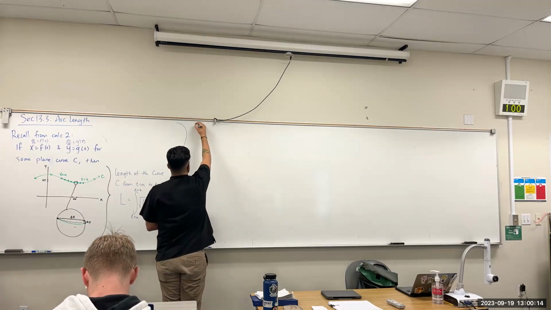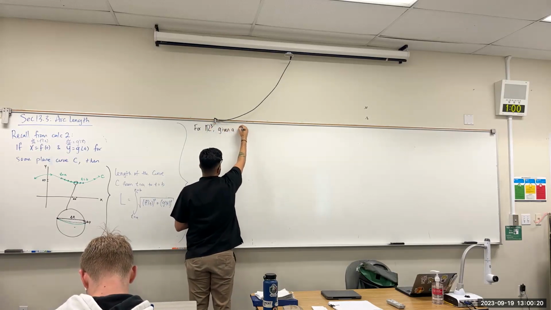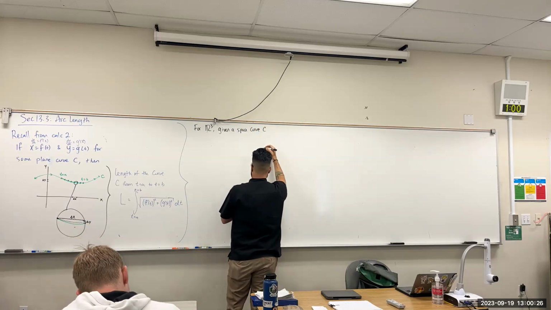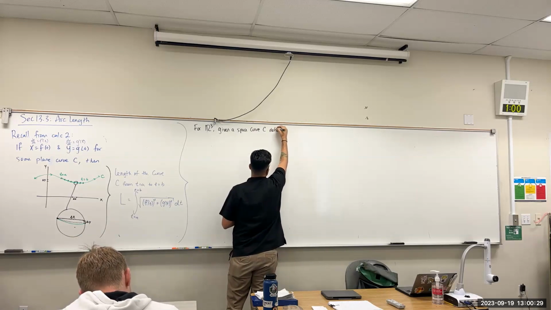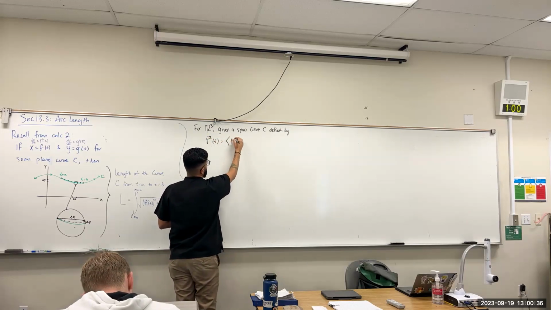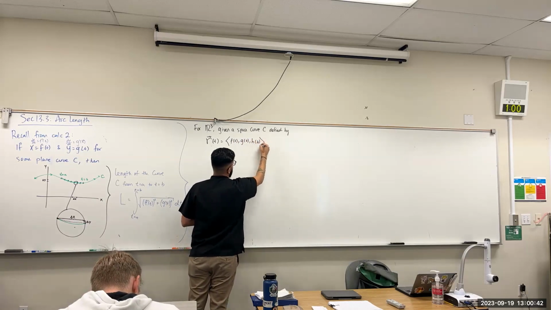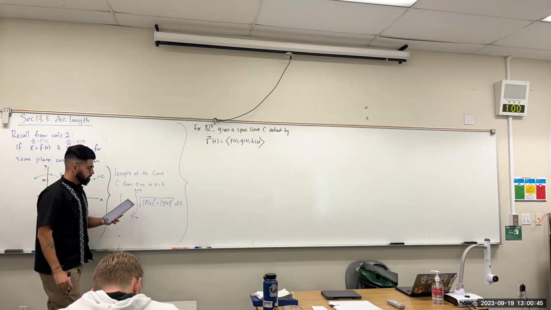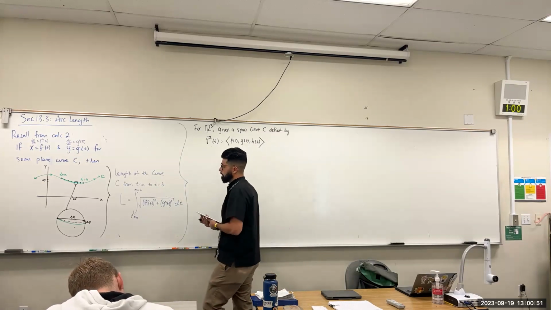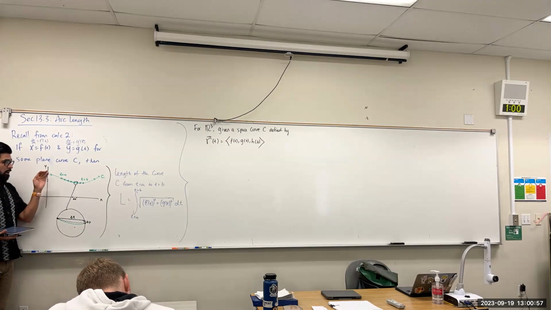So for R3, given a space curve C defined by a vector function r of t, where x is parameterized through some function f, y is parameterized through some function g, but now z is parameterized through this function h. We're basically going to copy this method. And you're going to have a space curve.